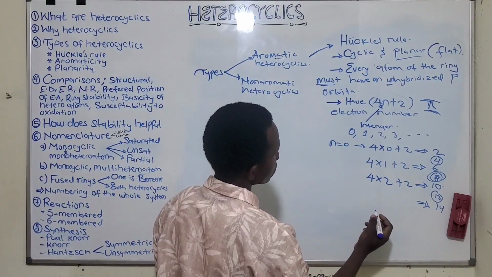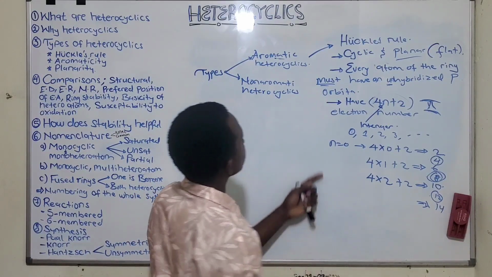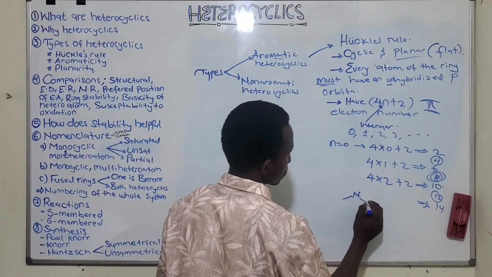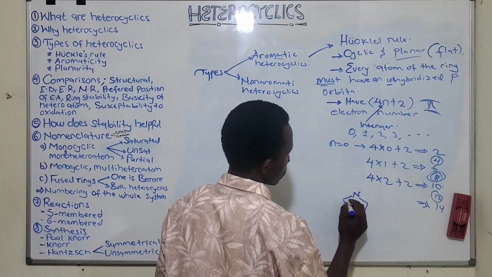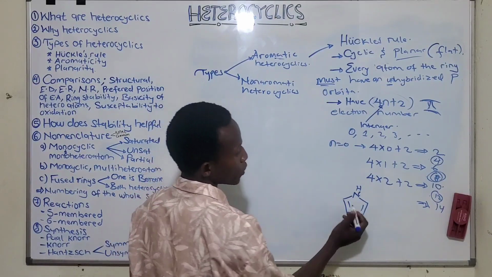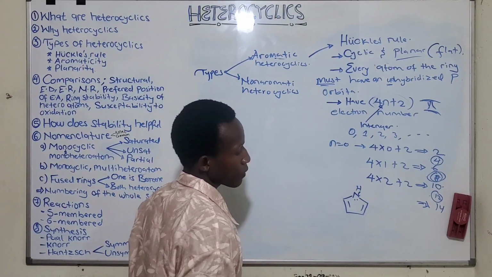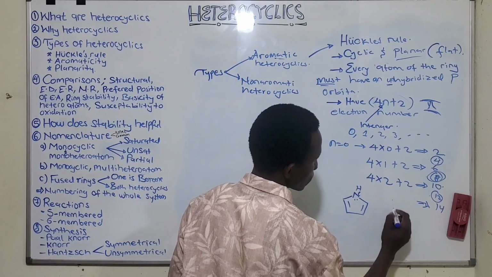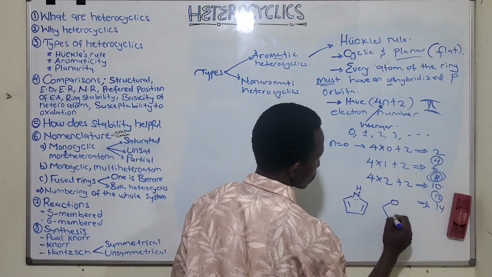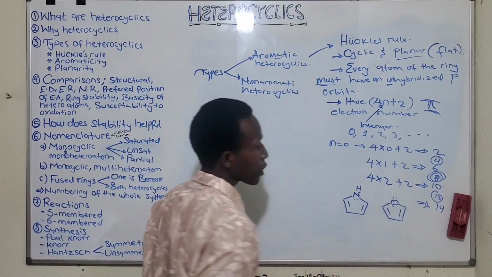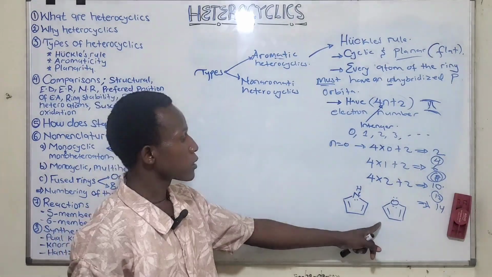For example, for aromatic, we have this. It is an aromatic heterocyclic. Then we also have this one. It's also an aromatic heterocyclic.